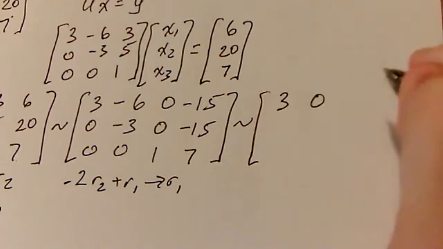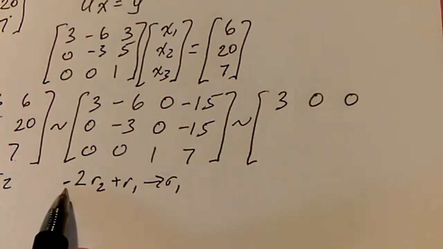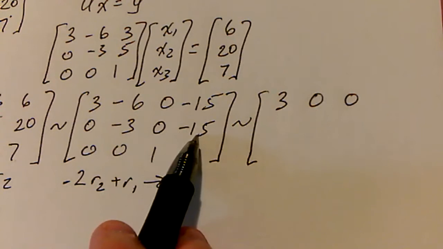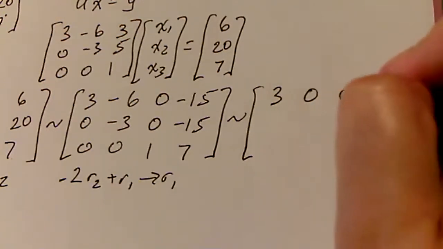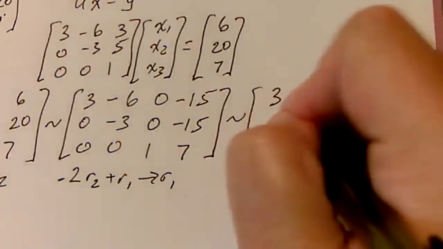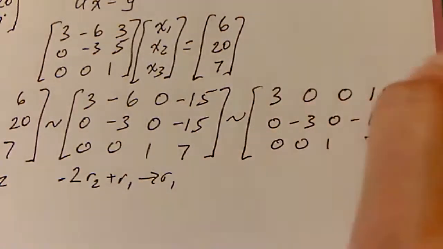Positive 6 and negative 6 makes 0. 0 and 0 makes 0. Okay, negative 2 times negative 15 is a positive 30. 30 minus 15 is a positive 15. So 3, 0, 0, 15. Middle row is unchanged. Bottom row is unchanged.